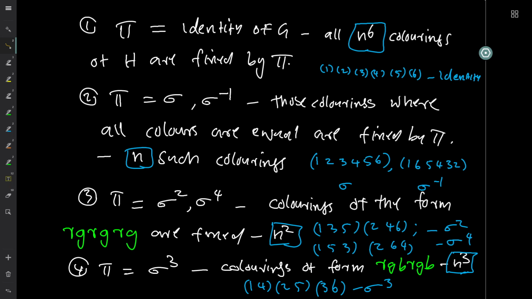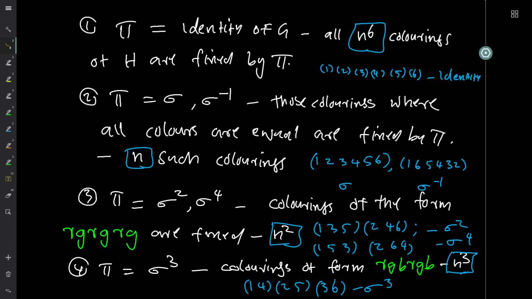On the other hand, suppose we have the generator, let's say sigma, which is the rotation by one: 1 going to 2, 2 going to 3, 3 going to 4, 4 going to 5, 5 going to 6, and 6 going to 1. If sigma is the generator, then which kind of coloring does sigma fix? Because it is rotating the colors in a cyclic fashion, the two colorings are equal only if all the colors are the same.